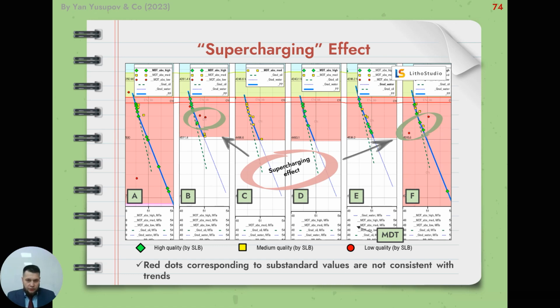The supercharging effect points are the red dots on this well section, and this is not conditional information. While auditing and checking input data, the supercharging points are not used in future work.